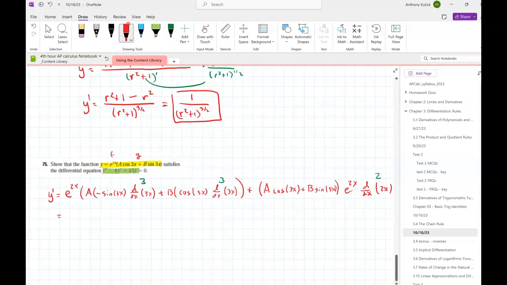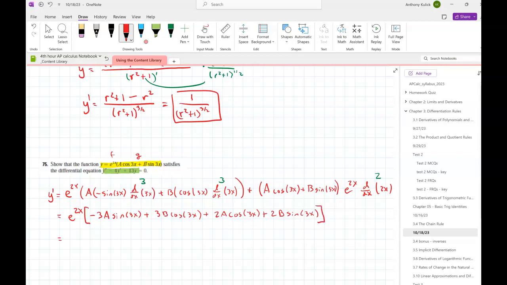So if I multiply this or factor this out, I'm going to take off the e to the 2x, and then I'm going to have negative 3a sine 3x plus 3b cosine 3x plus 2a cosine 3x plus 2b sine 3x, or I'll probably simplify this down to do the second derivative, because I noticed that this guy and this guy contain a factor of sine 3x.